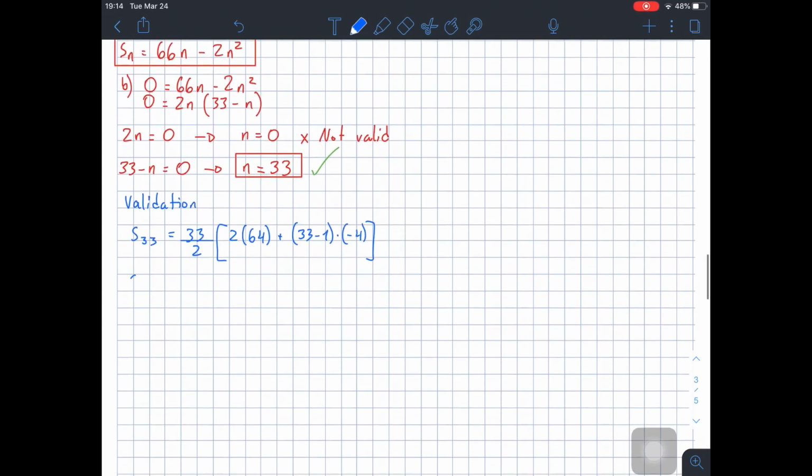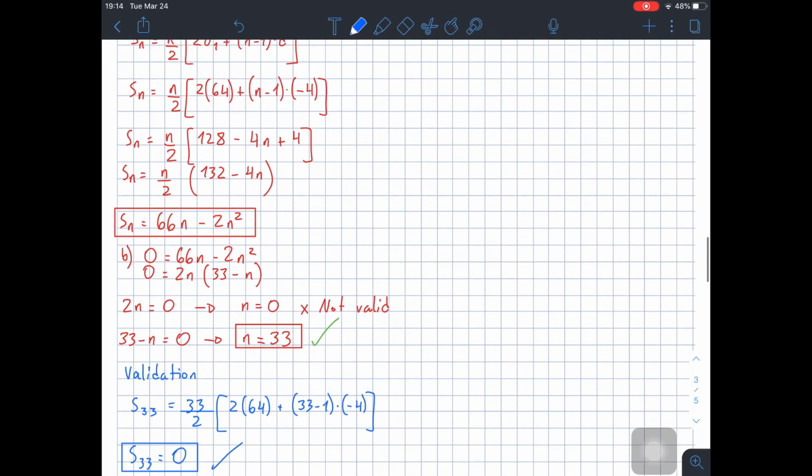If you solve this using the calculator, just to not waste too much time, you're going to get 2 times 64 plus 32 times -4. This gives us 0. So this is correct.